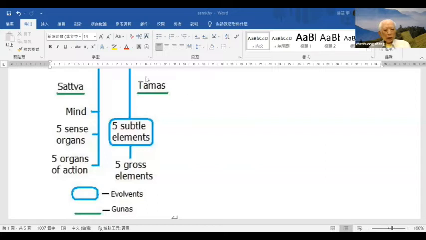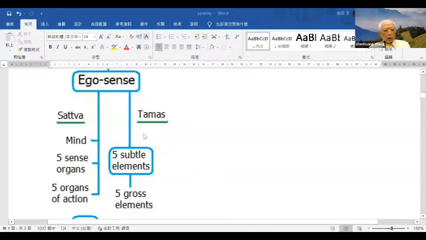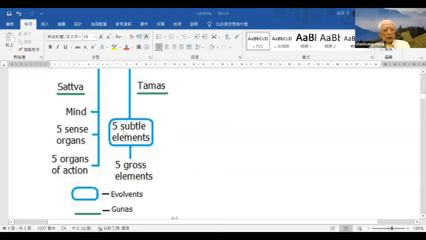And then the other direction, of matter, is from the ego sense evolving into five subtle elements and the five gross elements. The five subtle elements we may call the earth element, water element, fire element, wind element, and also the space element.